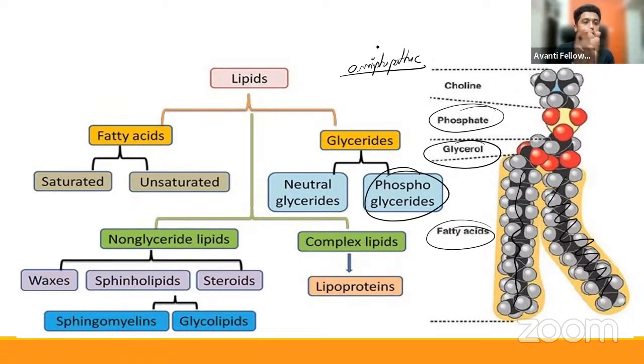The phosphate head present in phospholipids interacts with water very well. That is called the hydrophilic head. Whereas the long chains of fatty acid are hydrophobic in nature, water repelling or water hating. So whenever we put phospholipids in water, they form a micelle structure.